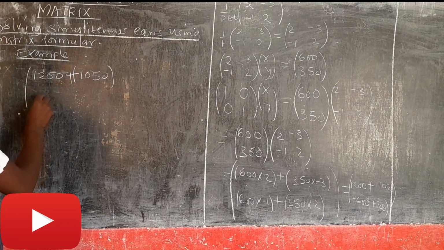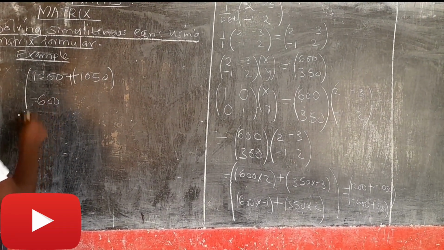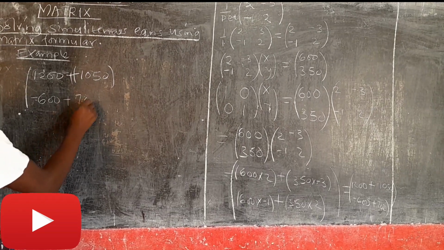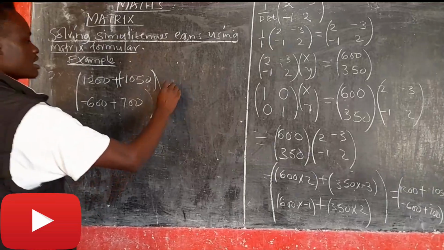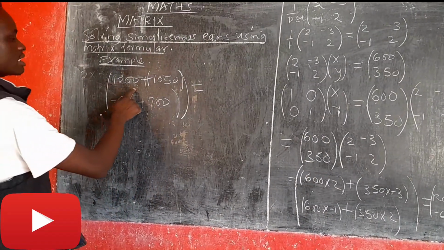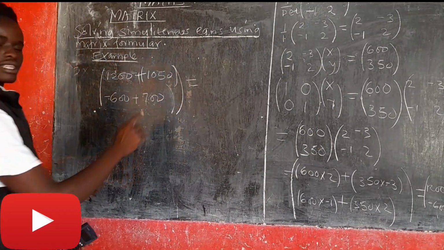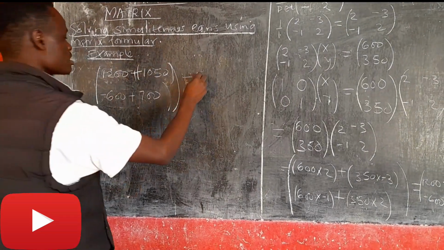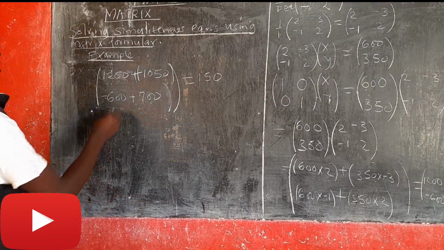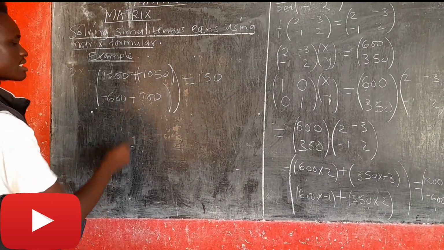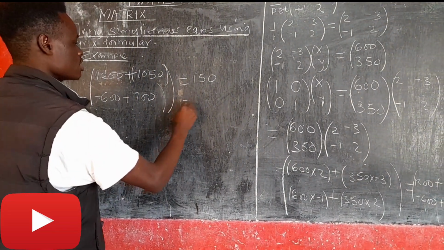Then the other one we had 600, because it was a negative, plus 700. So from there we can get the result. So 1200 minus 1050, you get what? 150. Then the other one, negative 600 plus 700, we are going to get what?